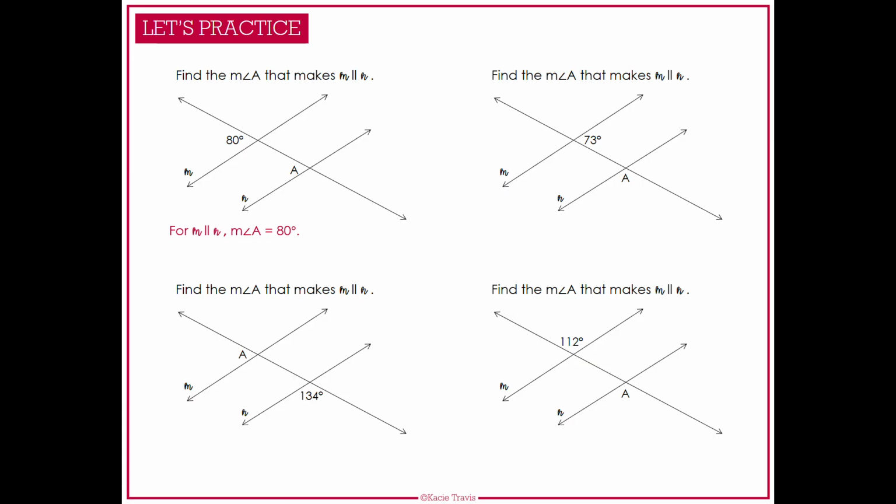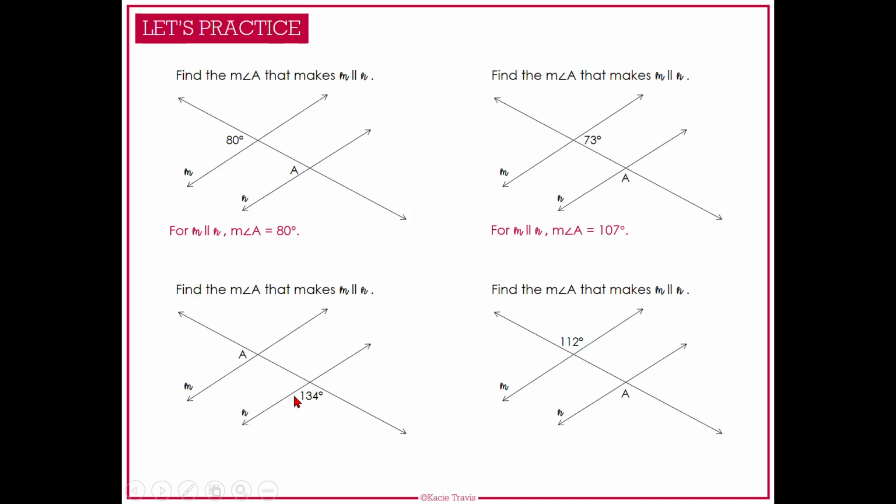So if A and this angle here, which would be 73, are going to add up to a straight line, A would have to be 107 for these two lines to be parallel. So if the angles are different, just like I said last lesson, they're going to be adding up to 180. So A here and 73, they're different. They're not an angle pair that's associated with each other, so that means that these two need to add up to 180.